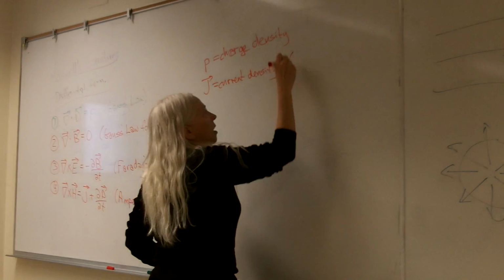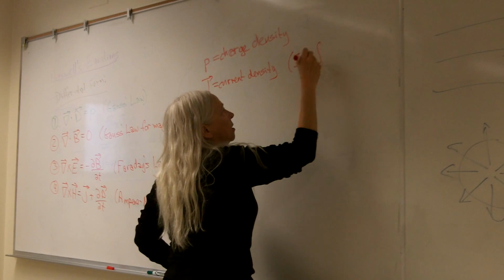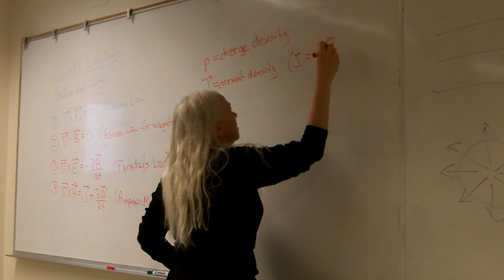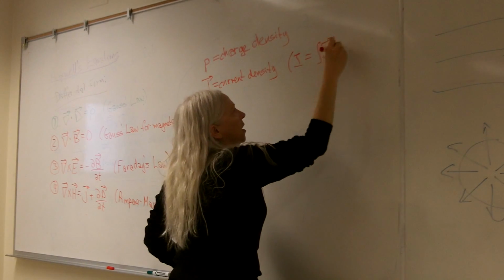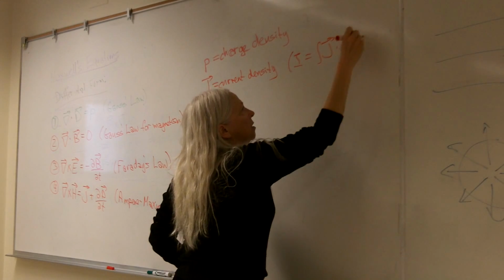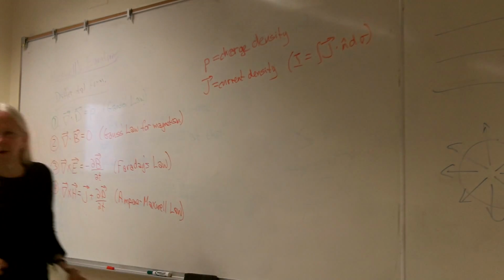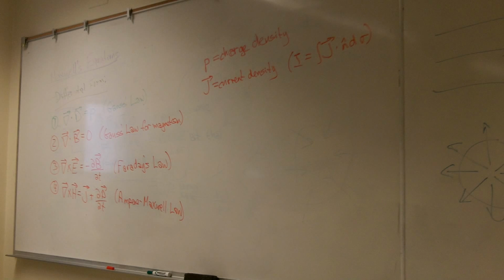So again, a current I would result from taking this current density and dotting it into an n hat unit vector, which is perpendicular to a surface, and then integrating over that surface, right, as the d sigma integrates.